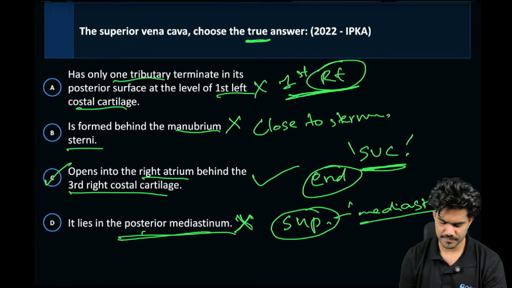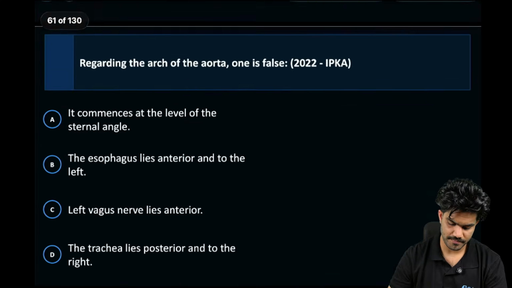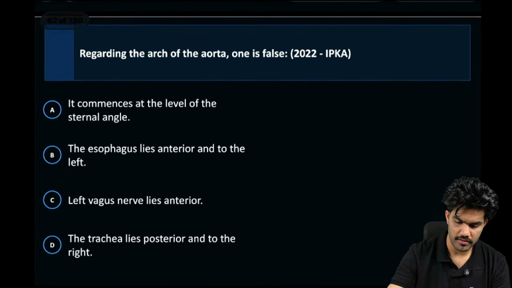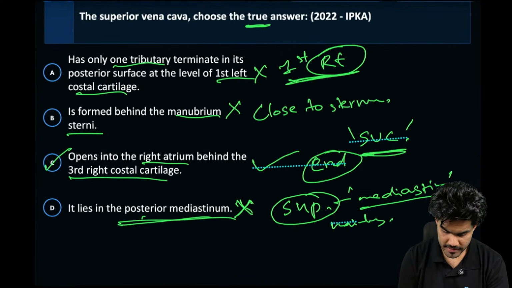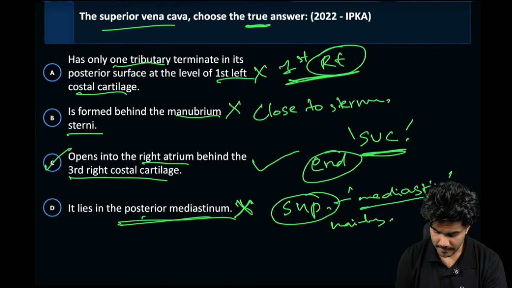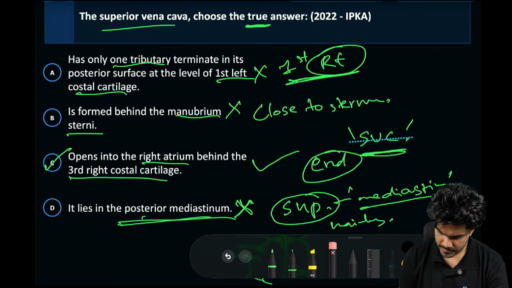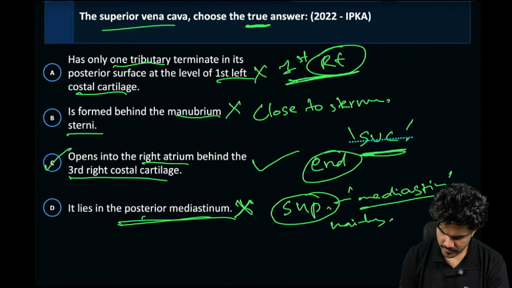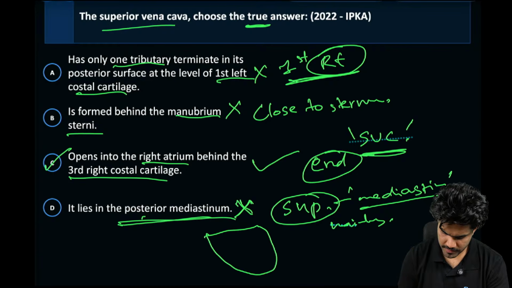So the answer will be C. Here, if this is the right atrium, okay, and this is the heart, from here there is the superior vena cava.